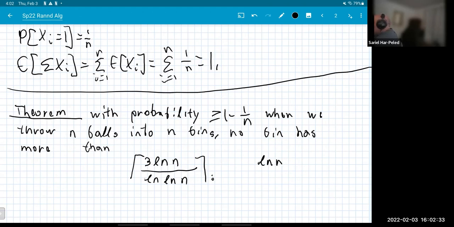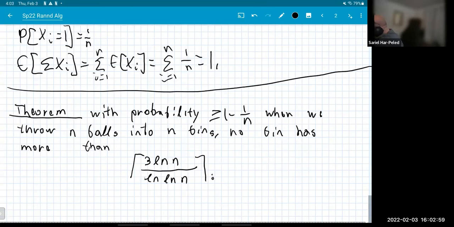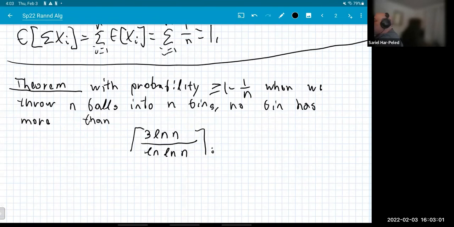And what this theorem says is that no, we can do better. We get this log log n in the denominator, which is surprising. Later on, when we speak about Chernoff inequality, we will revisit this phenomenon, because if you use Chernoff inequality in the right regime, you get this.